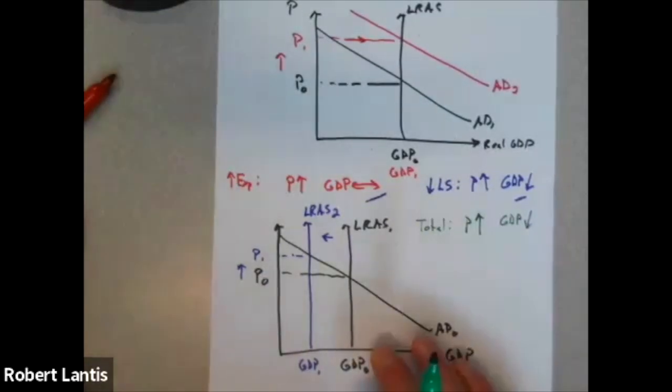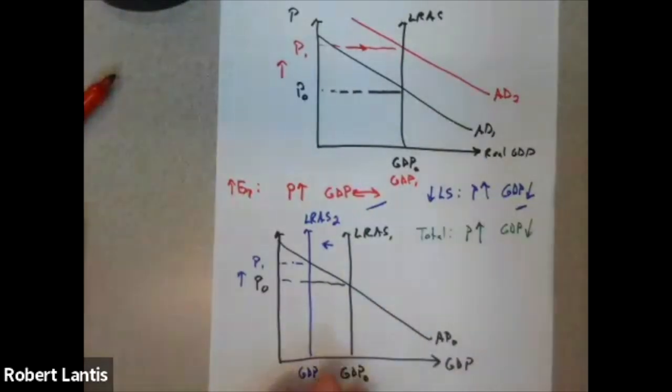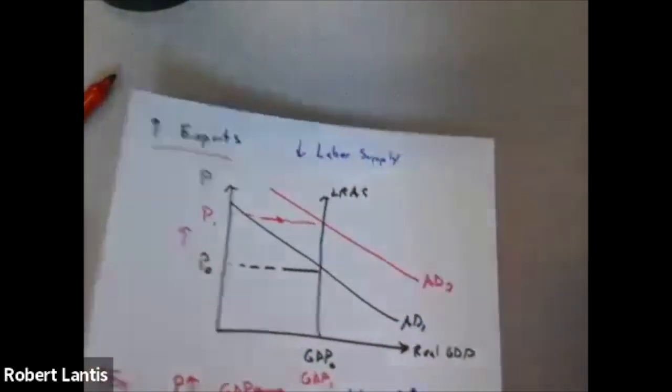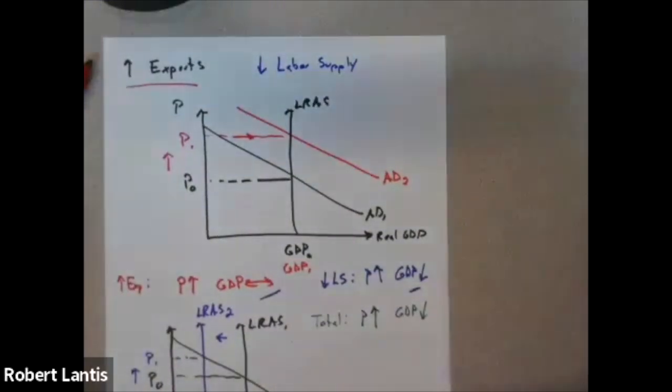So the next one we'll want to look at is a similar example. I'm going to do the same increase in exports, but I'm also going to have education levels go up.